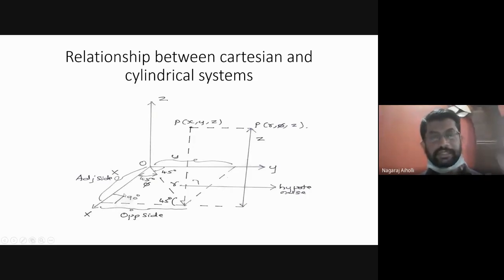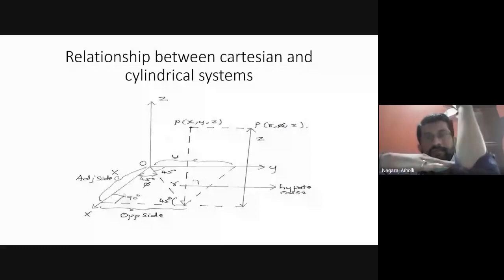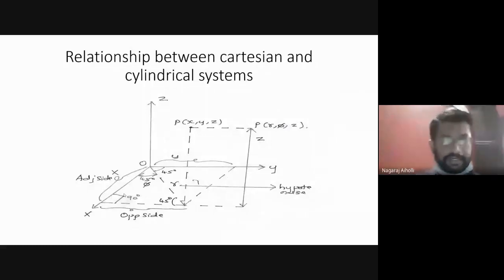This is our hypotenuse, and this is our surface here. So we are getting a right angled triangle. Once we get the right angled triangle, this is our adjacent side x.